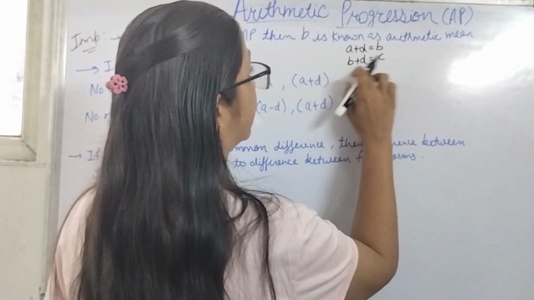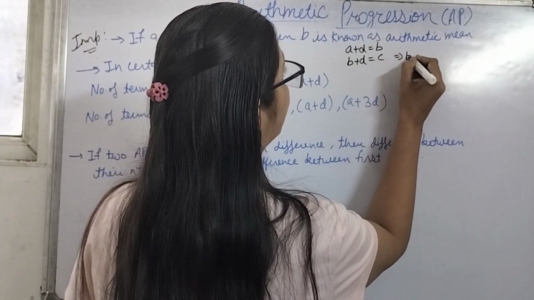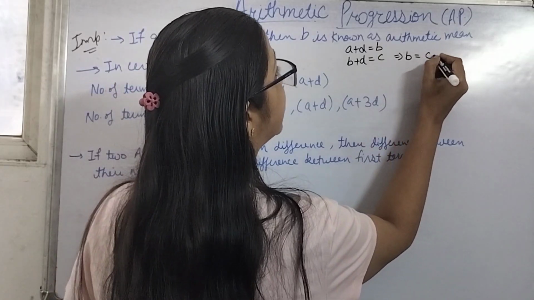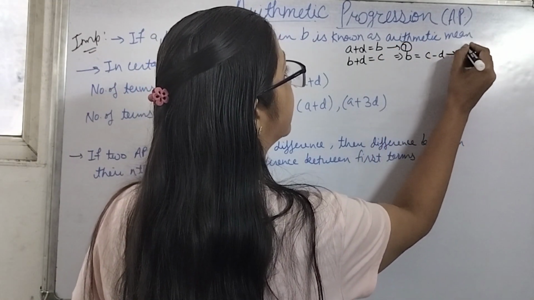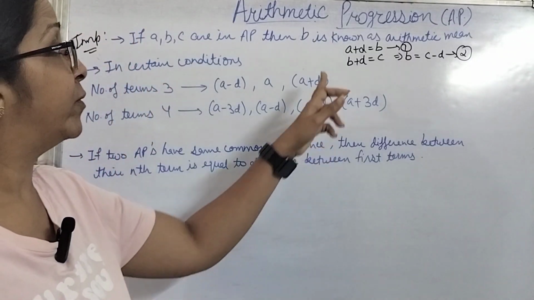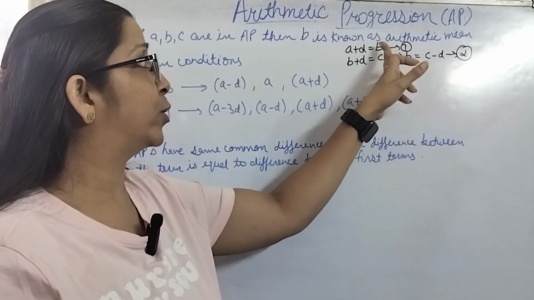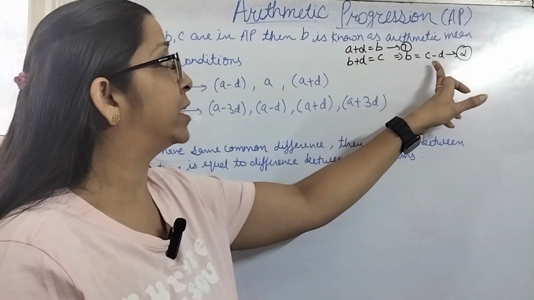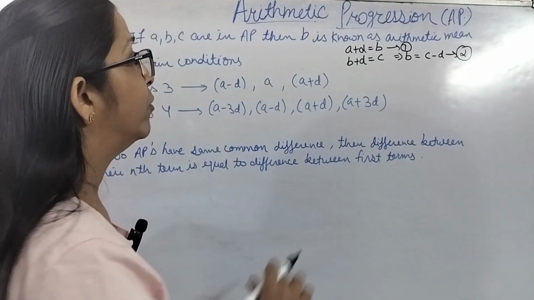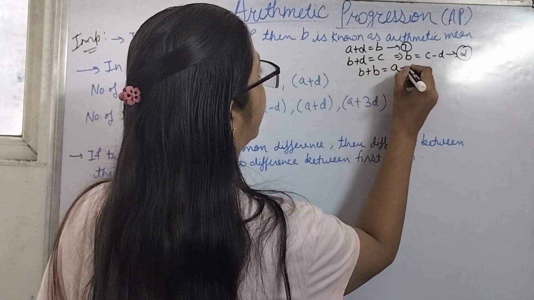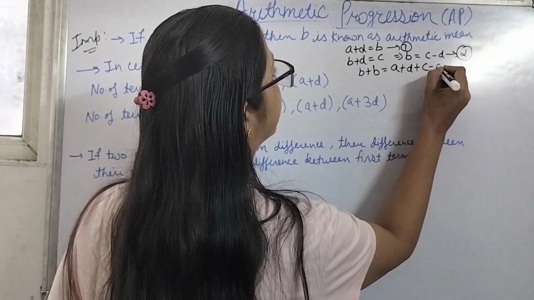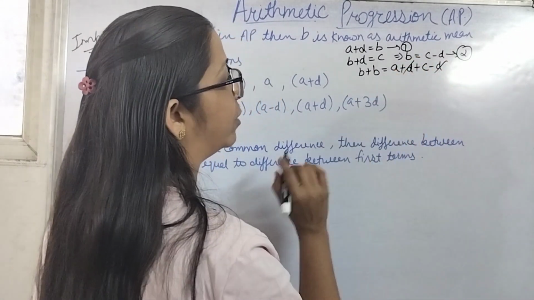So see, from here, we can say that the value of B could even be written as C minus D. This is the first equation and this is the second equation. And if we add these two, B and B we are going to add, and A plus D and C minus D we are going to add, we will get B plus B is equivalent to A plus D plus C minus D. Plus D minus D will be cancelled.